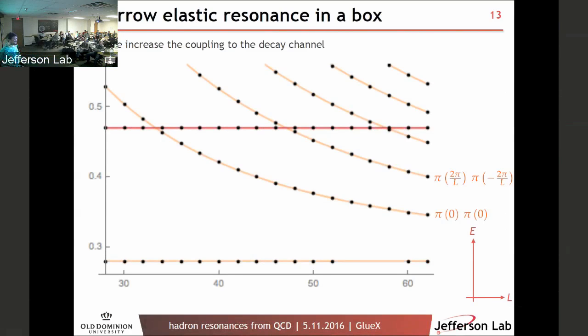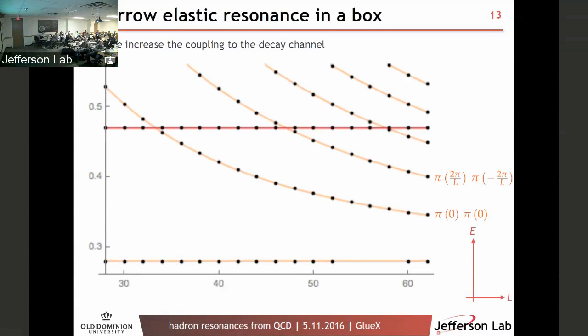The orange curves are just the energy of a pair of pions having an allowed amount of momentum in the box. So the pions could be at rest, in which case their energy is just twice the pion mass. That's the horizontal line at the bottom. Or they could be moving back to back with the allowed unit of momentum, which is 2 pi divided by L, in which case they've got more energy.